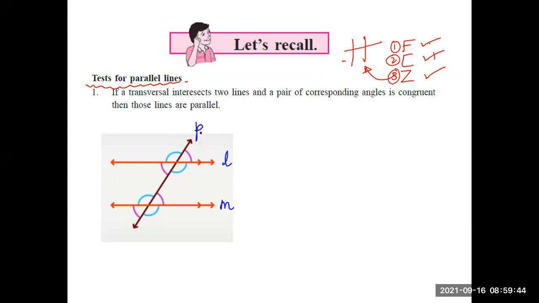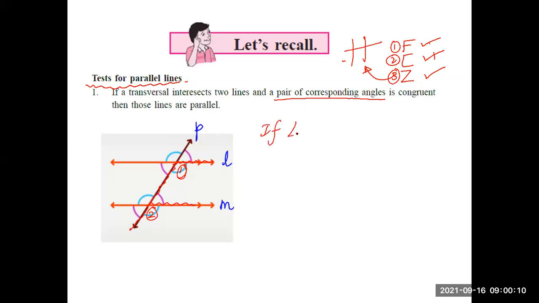What does this mean? P is the transversal, and it is intersecting two lines, L and M. We are given that a pair of corresponding angles is congruent. Corresponding angles means the F formation. So check where you see this F formation. This is angle 1, let's say, and this is angle 2.